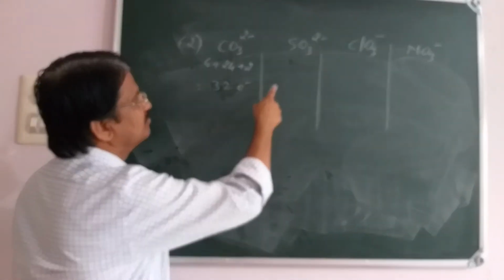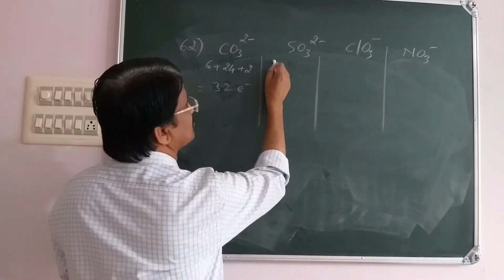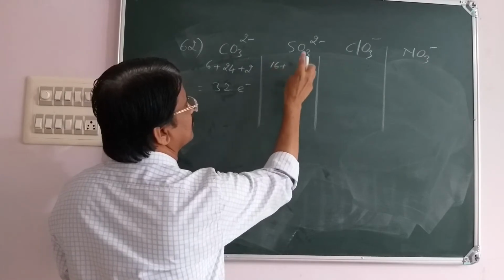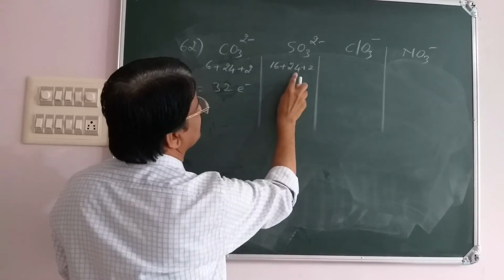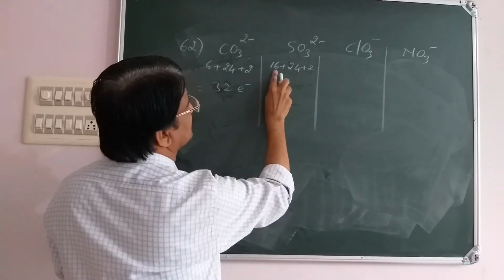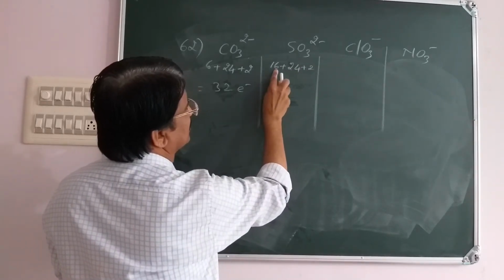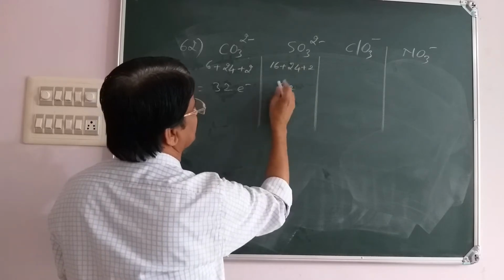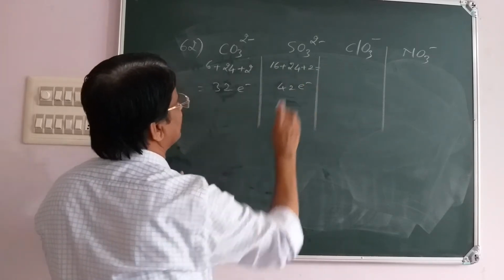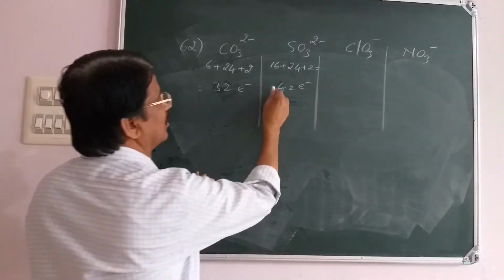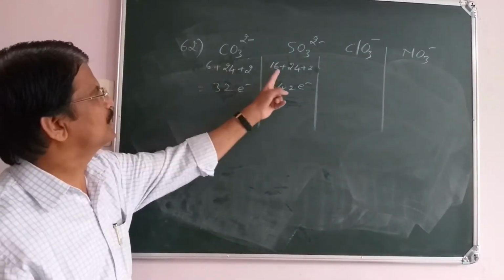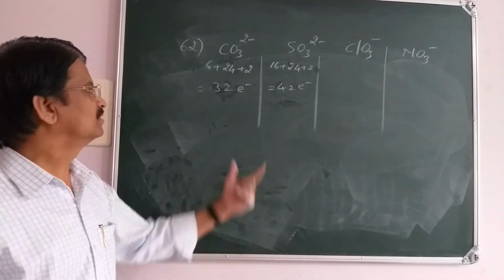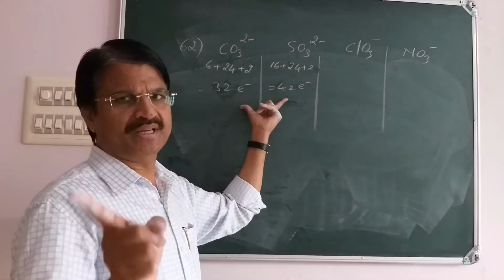Then SO3 2 minus, atomic number of S 16, 8 into 3, 24 plus 2, 42. Second one, 42 electron system. Whether CO3, SO3 isoelectronic? No. They are not said to be isoelectronic.